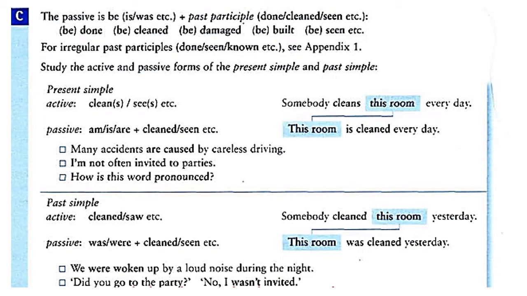Many accidents are caused by careless driving. I'm not often invited to parties. How is this word pronounced? The active: somebody cleans this room every day. Passive: this room is cleaned every day.